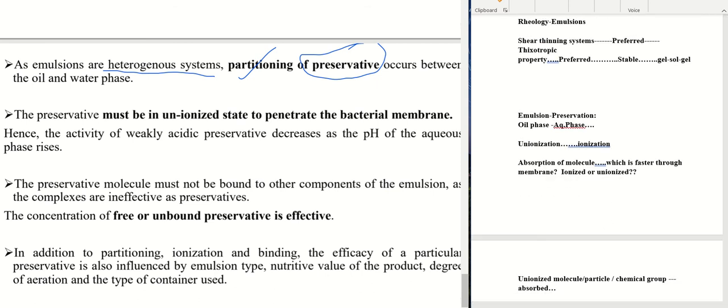So we should make sure that the preservative that we add in our emulsion should attack or be absorbed by the bacterial membrane. So we should make sure that the preservative must be present in the unionized state.